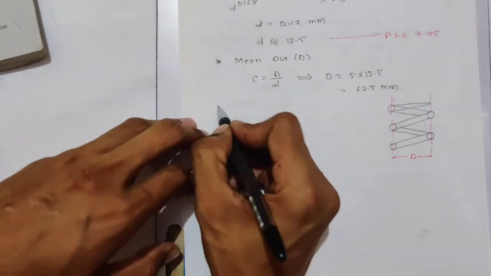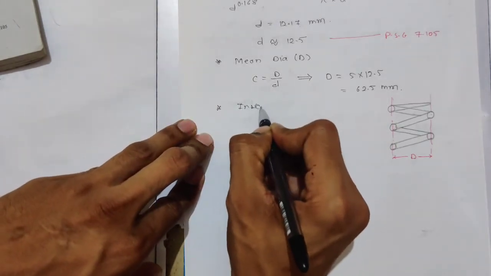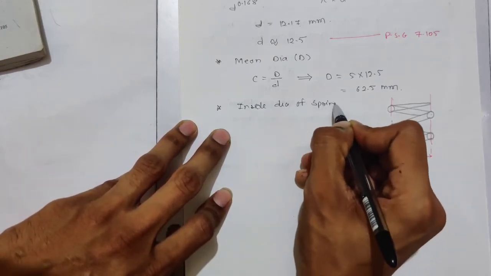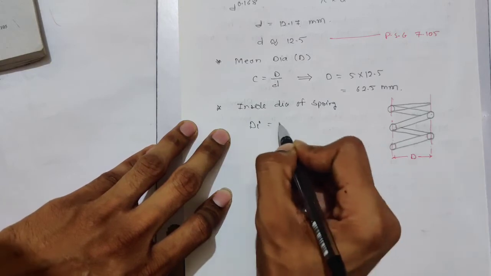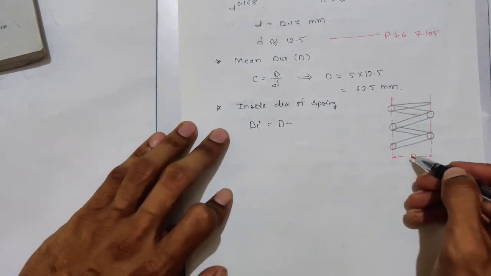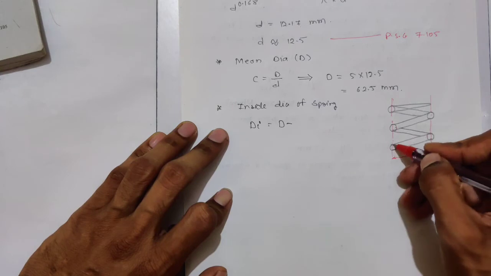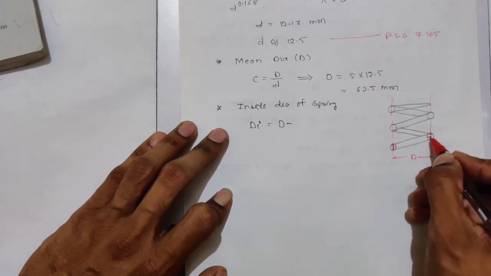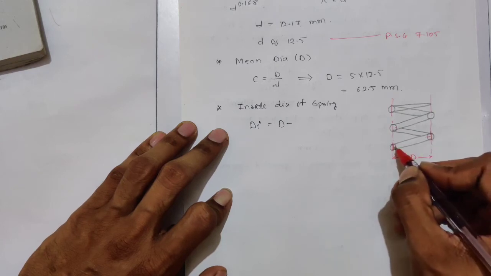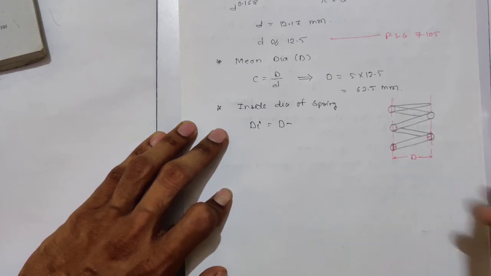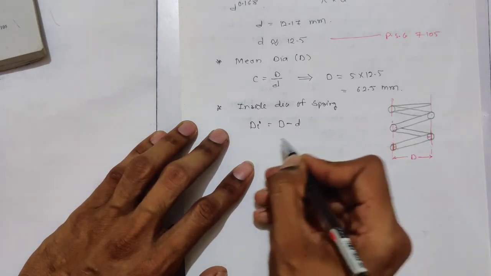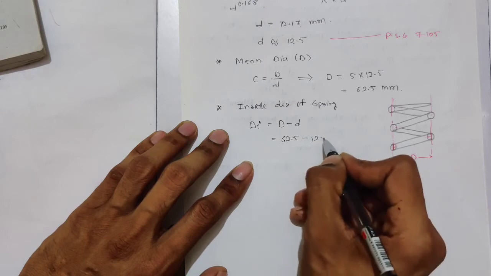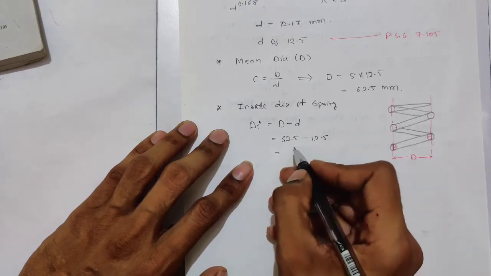What is the inside diameter of the spring? di will be equal to D minus d. See, D is the mean diameter, so mean diameter means it is from center to center, so we have to subtract half d on each side, which is d in total. So 62.5 minus 12.5 is something like 50 mm.